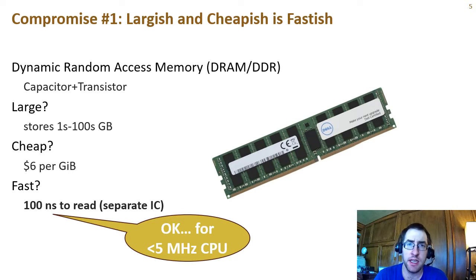So 100 nanoseconds read time would be okay to fetch instructions and to access data if we had under a 5 megahertz CPU, which we don't have, since the 5 megahertz CPU would have a cycle time of approximately 1 over 5, so 200 nanoseconds. You need 2 accesses, so you need about 200 nanoseconds.